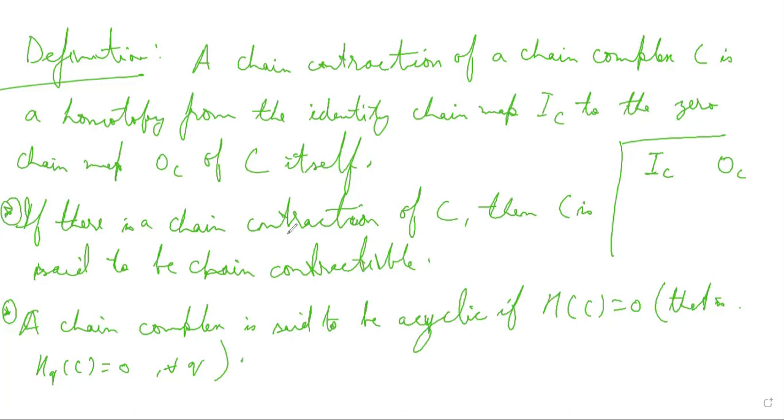So if its homology group is 0, or trivial, then the chain complex is called acyclic.